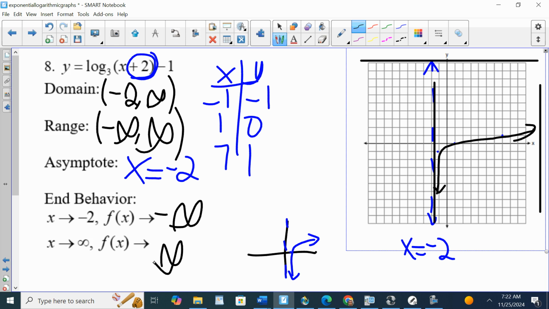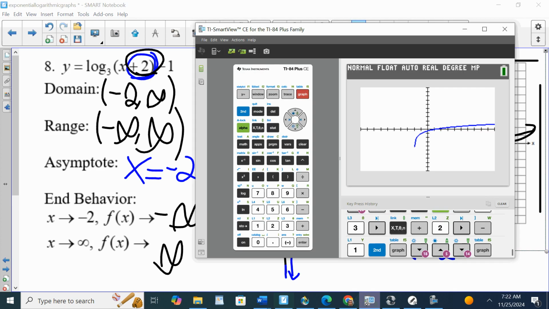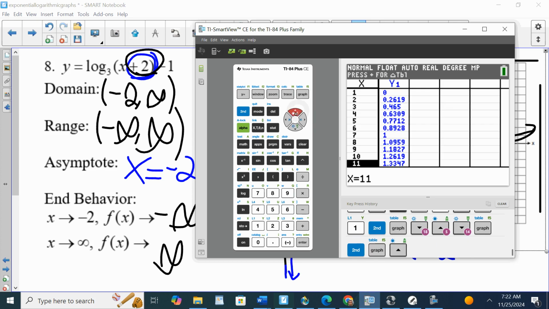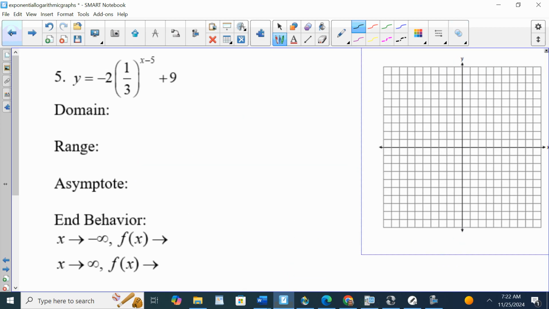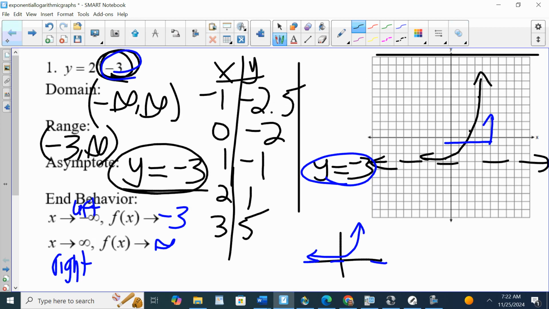So to graph anything, just type it into y equals and plot the points. Log is going to have a vertical asymptote at the horizontal shift, or it's the value in the table, the last error. Exponential has a horizontal asymptote. It will be that repeated value that you see over and over again. For any log, the range is negative infinity to infinity. For any exponential, the domain is negative infinity to infinity.